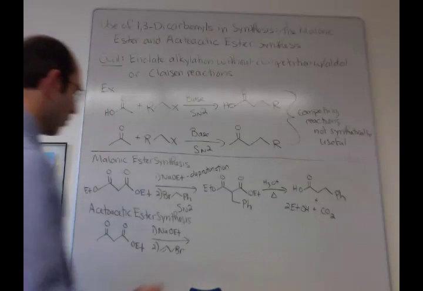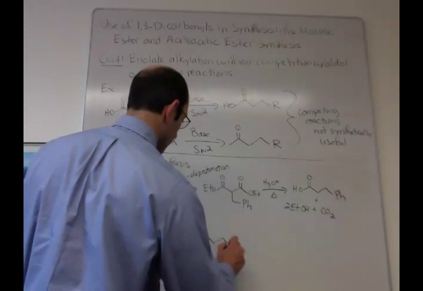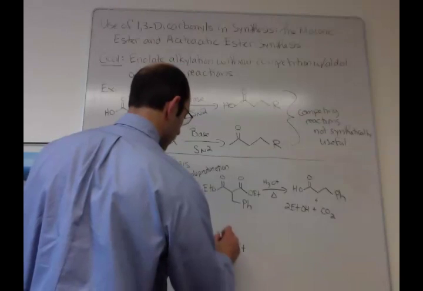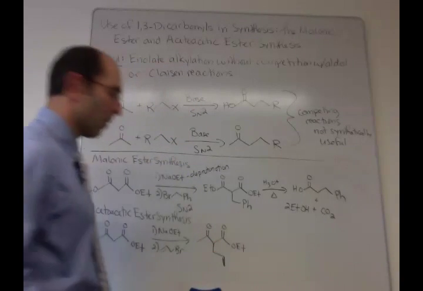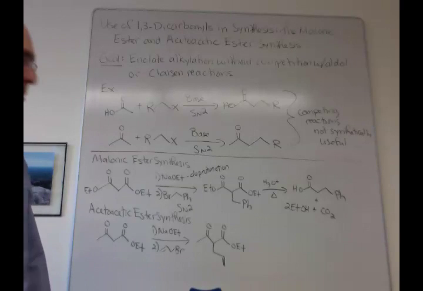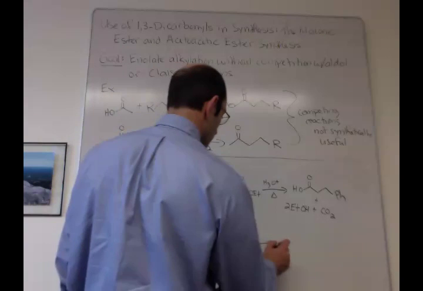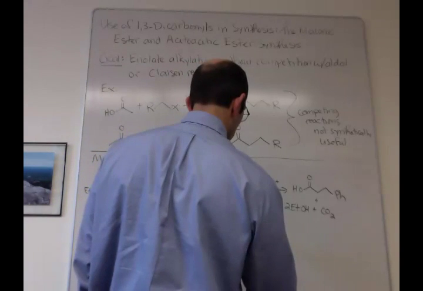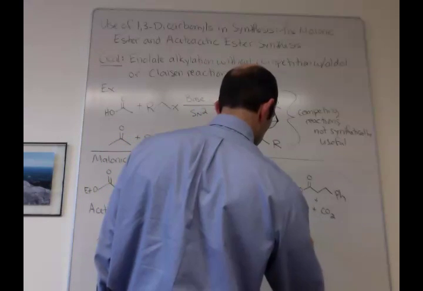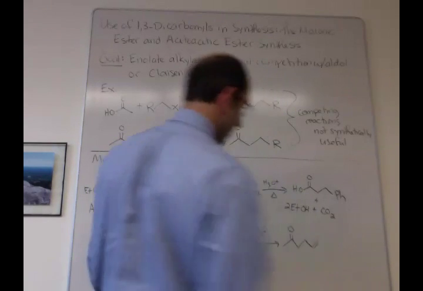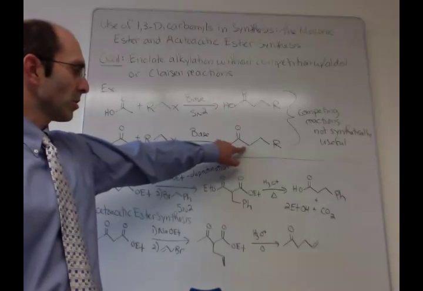Let's take allyl bromide in this case. Right, and then you can form your SN2 product and do the same reaction here, and you end up forming a product that looks just like this one.